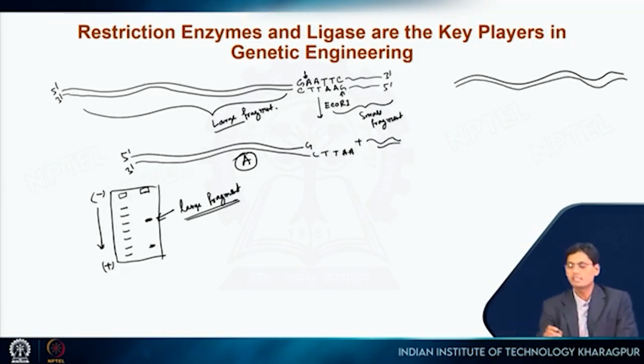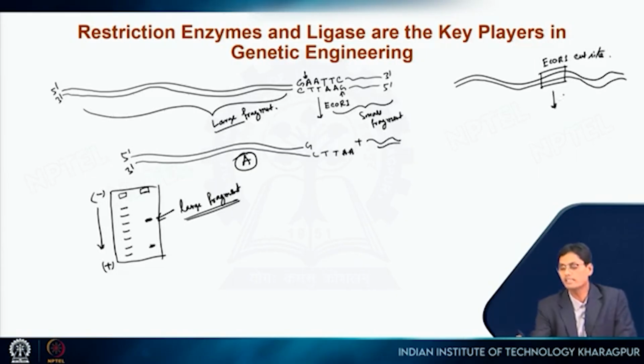This DNA also has the same cut site, for example EcoRI cut site. So you can digest this DNA with this EcoRI enzyme. Then again, you will get 2 fragments, right? And now just run a gel.